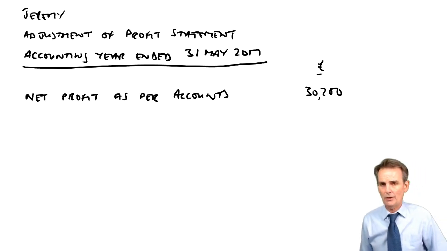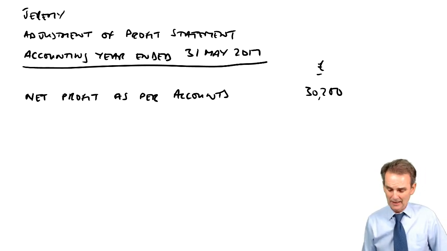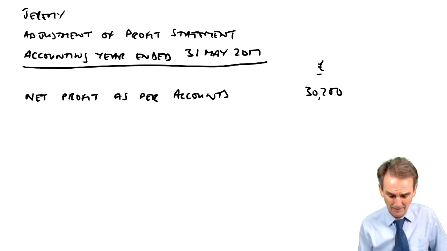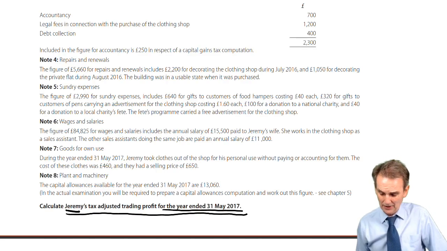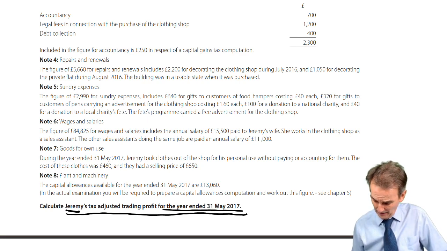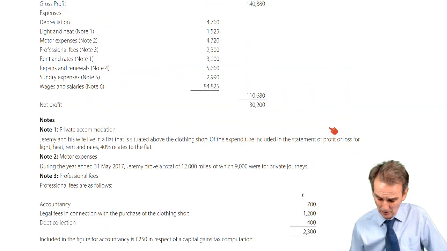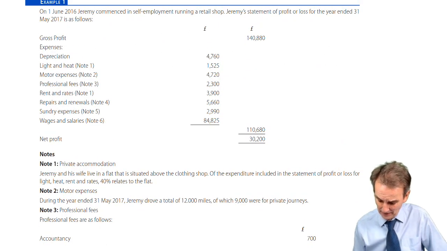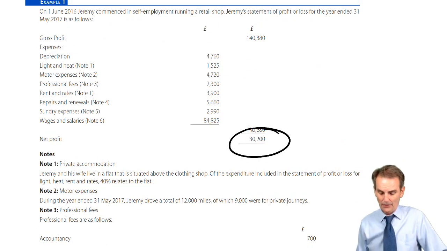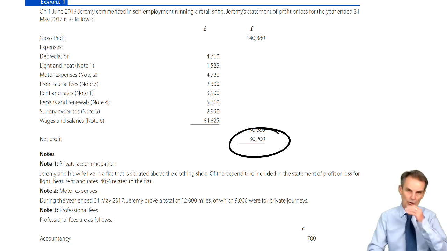The starting point for the adjustment of profit process is the net profit as per the accounts. That figure, 30,200, which we have taken, let's go back to here, which we have taken, of course, as that net profit there at the bottom of our statement of profit or loss.